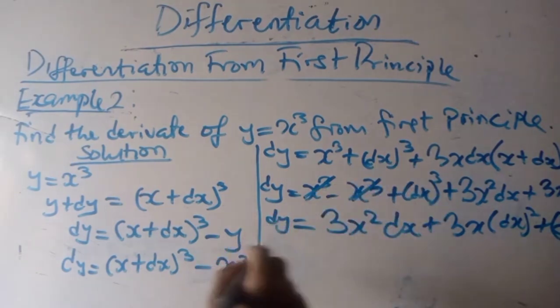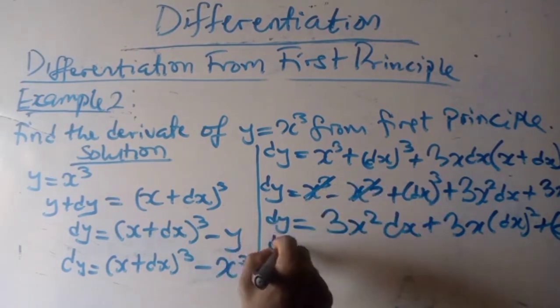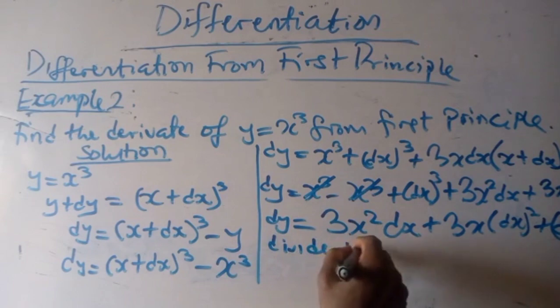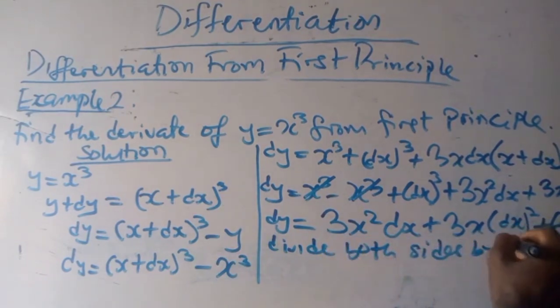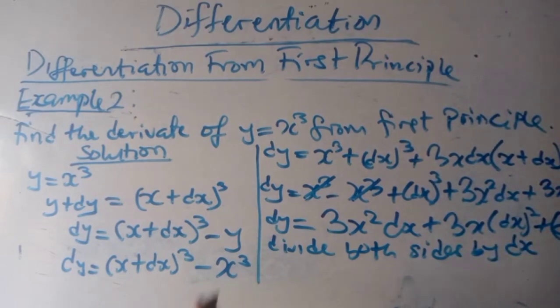We divide both sides by dx for us to get dy dx.